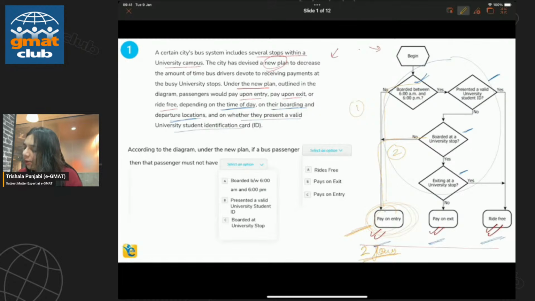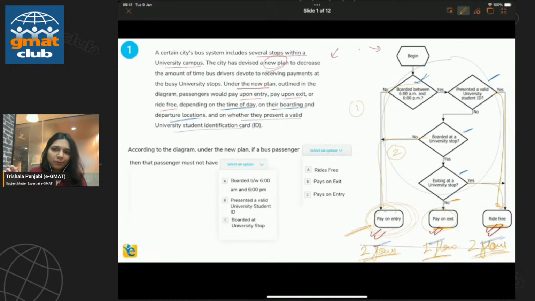Secondly, for pay on exit, there's just one flow, one endpoint, which is none of the above. Then for ride free, again we have two flows: either they're exiting at a university stop or they're presenting a valid student ID.